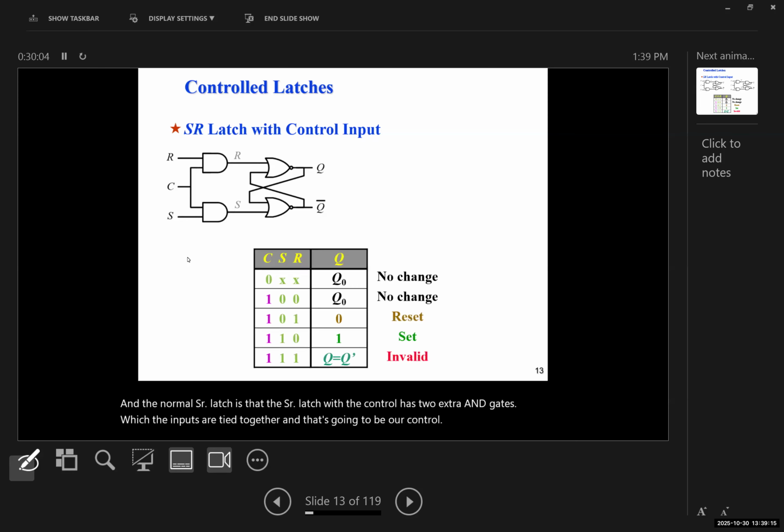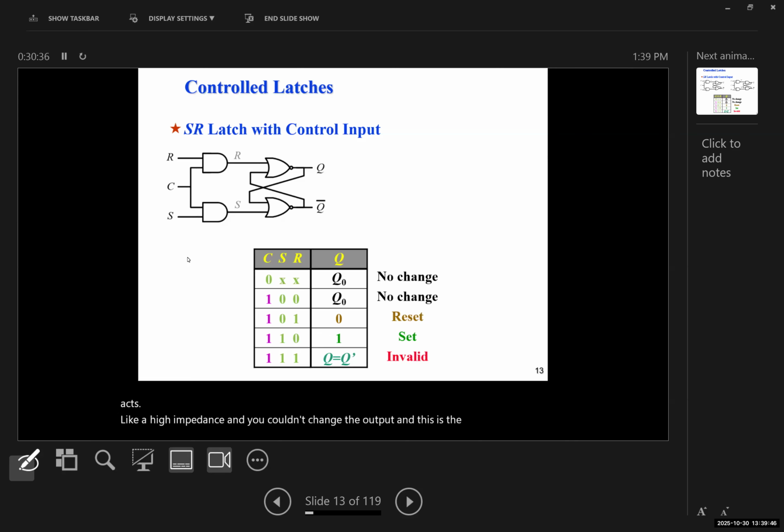When the control is 0, we're going to lock and we would have no changes. And as long as the control is 1, then the output could change based on S and R. So it somehow works like a tri-state buffer that we mentioned last time. When C was 0, it acts like a high impedance, and you couldn't change the output. This is the same.